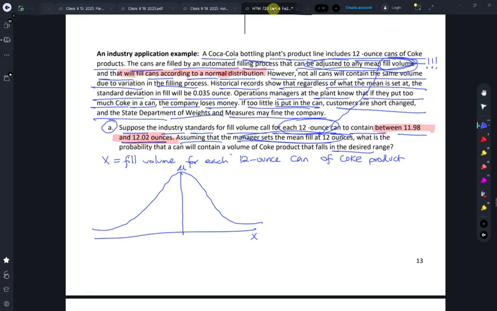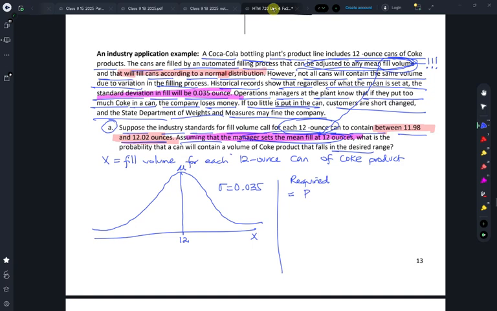Based on that, let us see. We have the mean. The mean fill volume for this part of the question is provided here, that the manager set it at 12 ounces. And we were also told earlier that the standard deviation is 0.035 ounces.